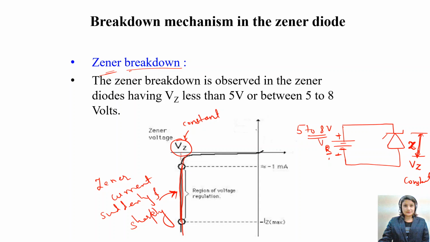Right? So there is an abrupt change, a sudden change in the Zener current, right? At a voltage Vz. Though the voltage remains constant, and the current rises sharp. Such a region we called it as Zener region.